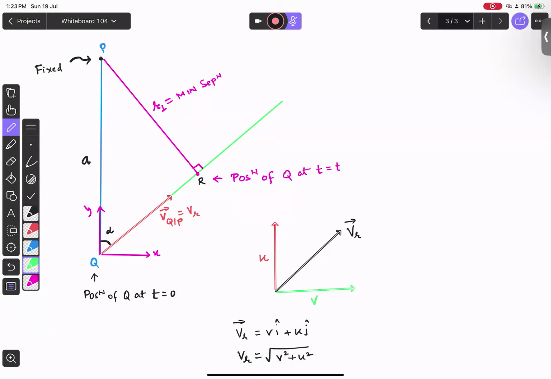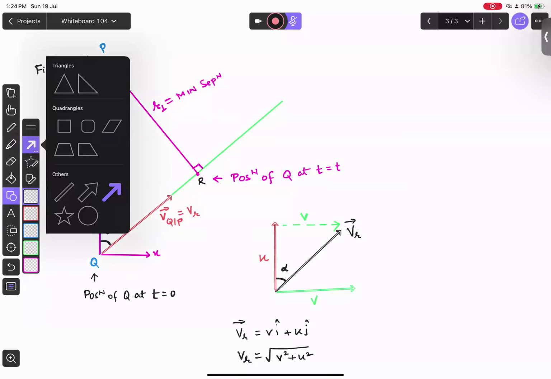Now I can shift this green arrow parallel to itself. I can draw it here. I hope everyone is comfortable with such things. So this dotted green arrow will be of the same length V. In that triangle formed by VR, U and V, I have to find this angle alpha. I hope everyone can find that angle.